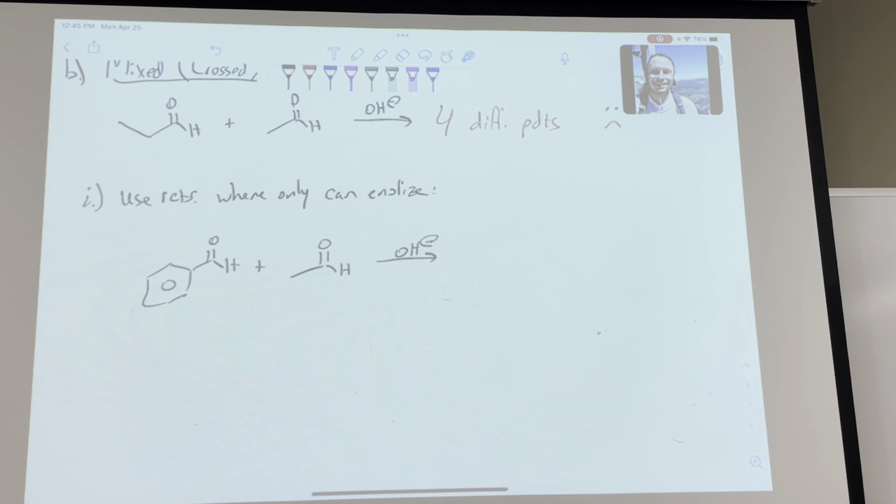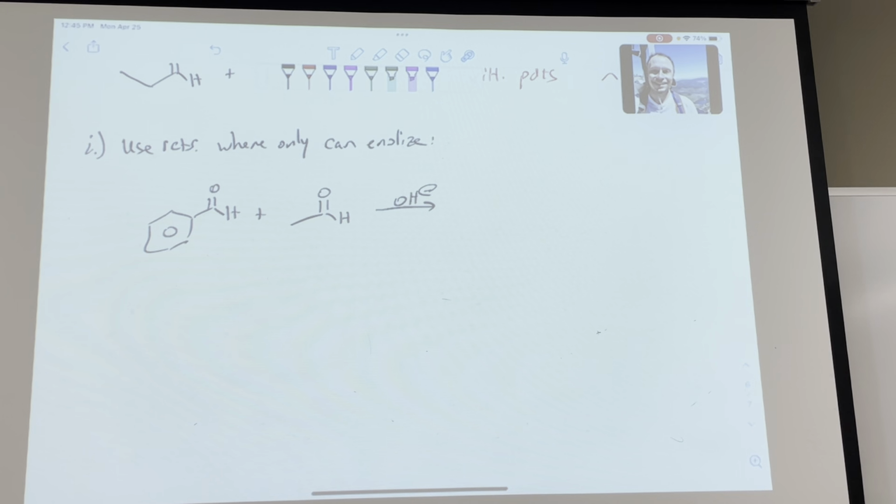Now you might ask yourself, well, if I enolize this, can't it attack itself? Wouldn't I be getting 2 different products there? And yes, that's true. And so the way you would run this reaction is kind of important.